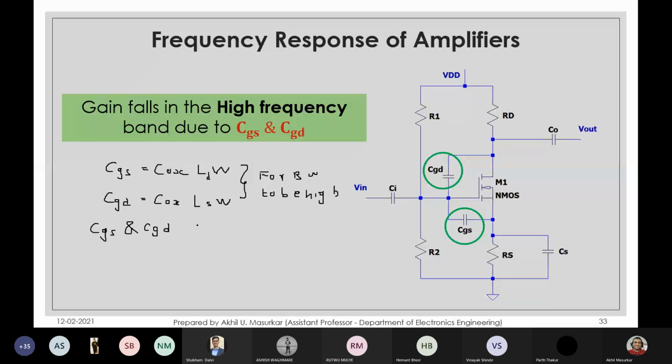CGS and CGD define FH, and FH should be as high as possible.